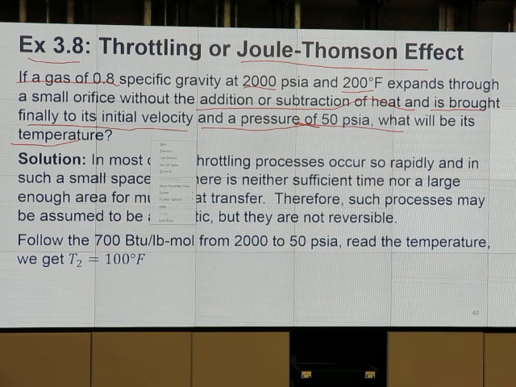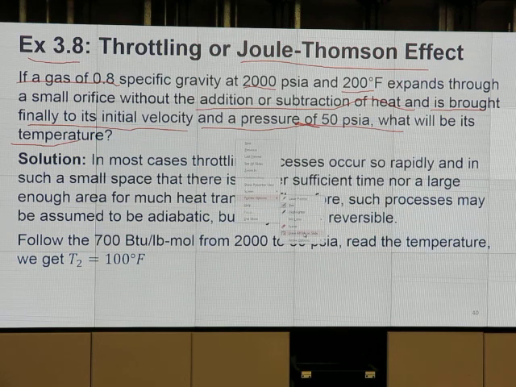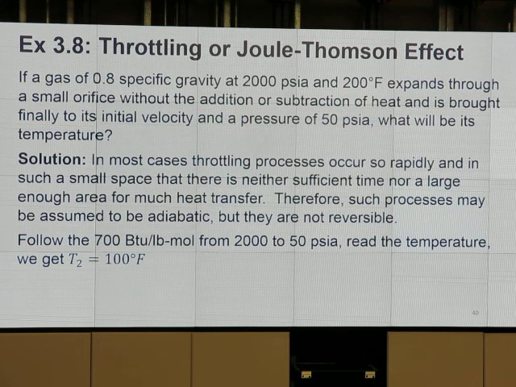Why do we have to say anything about being brought finally to its initial velocity? What does it tell you? Delta what equal to 0? Do we gain in velocity? When the example says it's brought finally to its initial velocity, what does it mean?